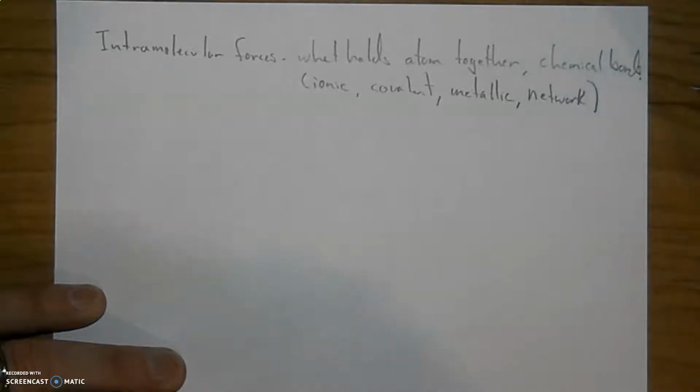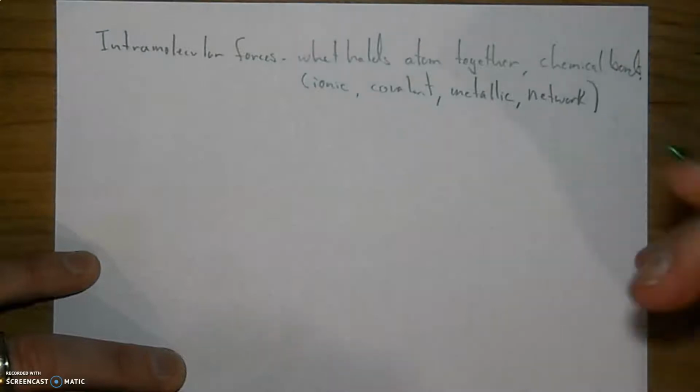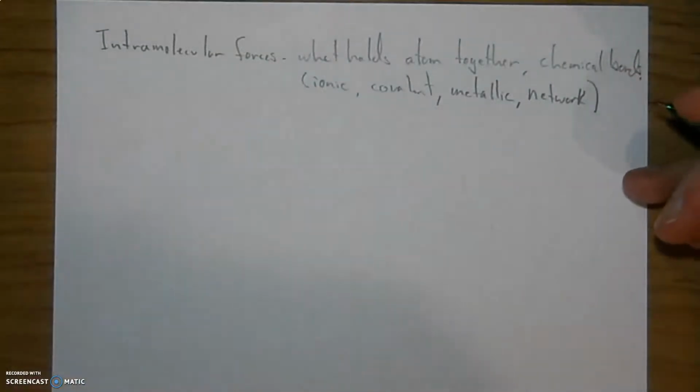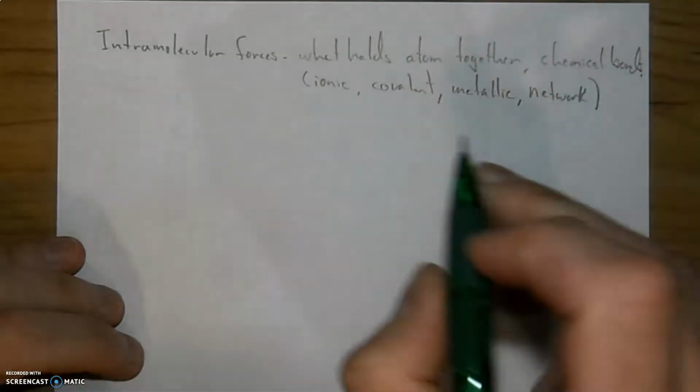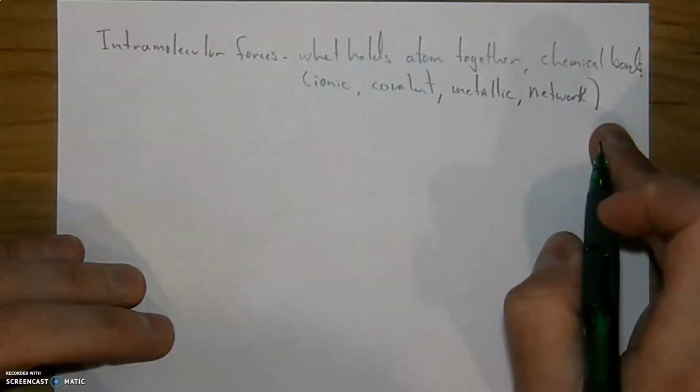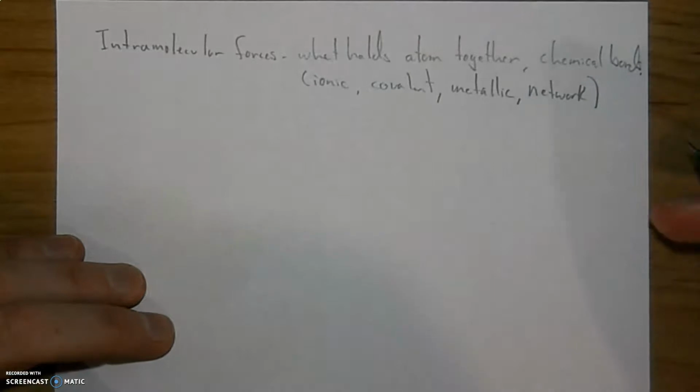Carbon is a typically good example, somewhat similar to metallic, except that the electrons are not decentralized. They are localized between two different carbon atoms in a huge network of many different carbon atoms. So again, you're looking at a huge network of atoms all stuck together.